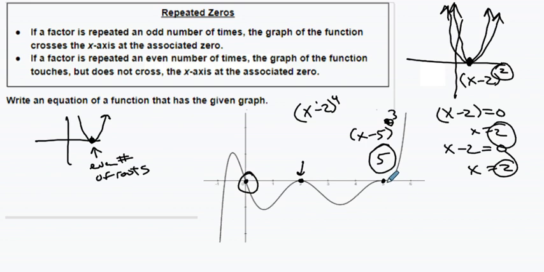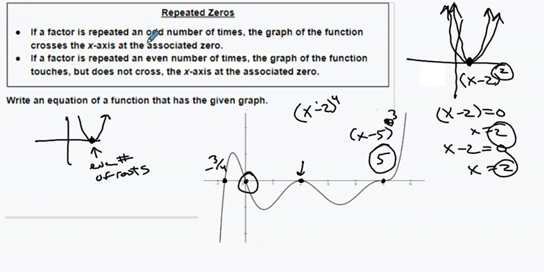Same thing with this 5. This 5 could be 1 of the roots, 3, or 5. And this point right here too, and we'll just say for the record that this is negative 3/4. Same thing. This could be 1 root, 3 roots, or 5 roots.